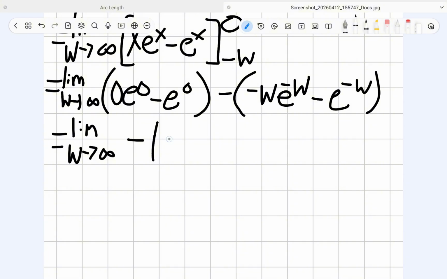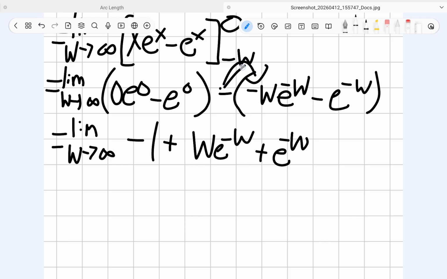So minus 1, plus w e to the negative w plus e to the negative w. And you might understand why it's positive, because we're multiplying the negative signs with each other, which is why they're both positive.